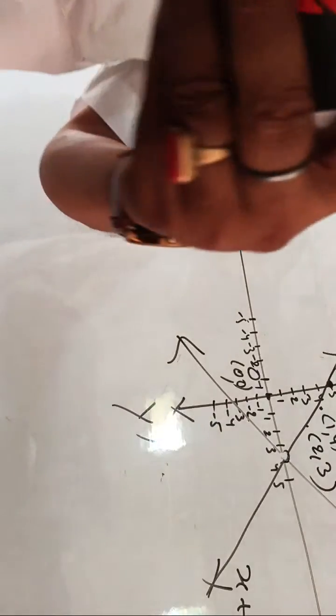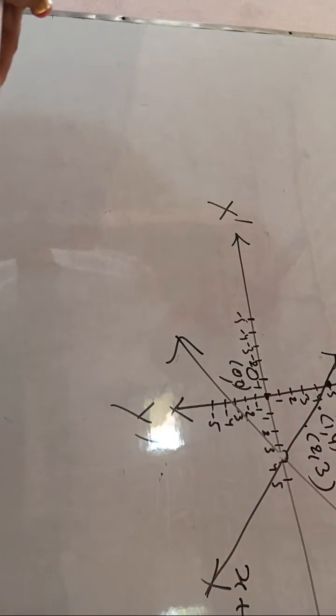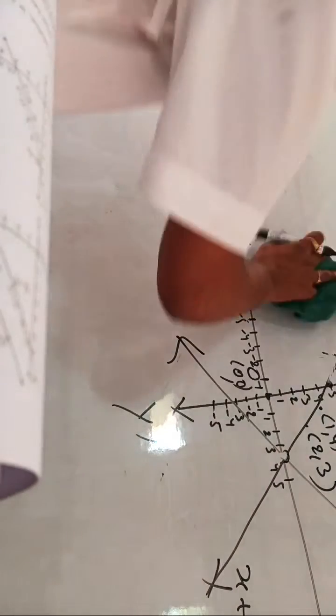Now there are different varieties of equations which we shall study later. The first type of equation is like this. In the first type, there are three conditions possible. The first condition is intersecting lines.